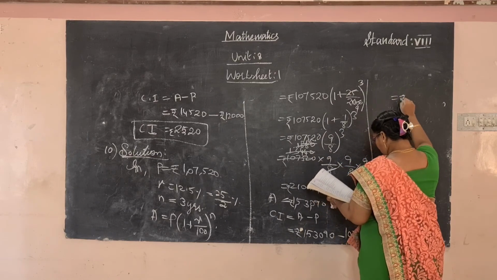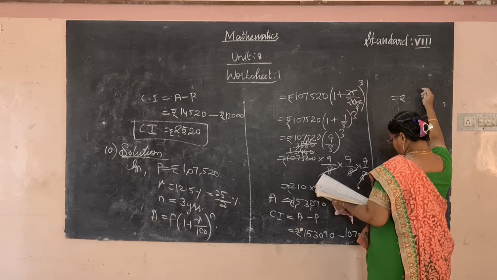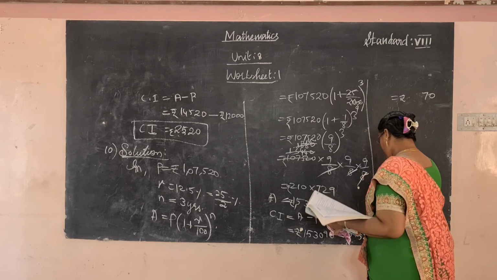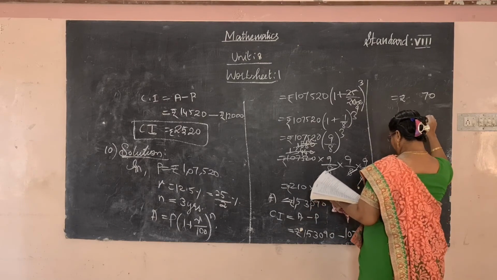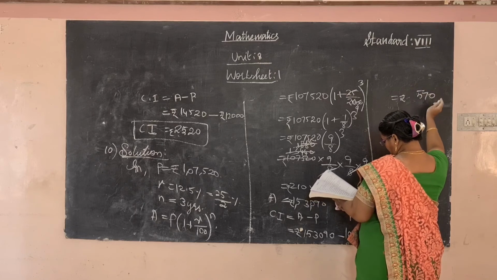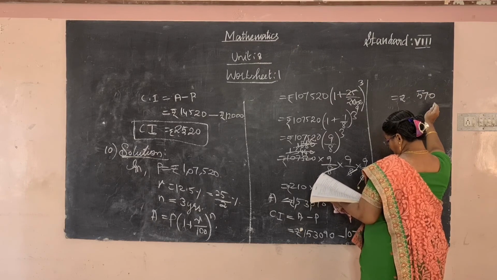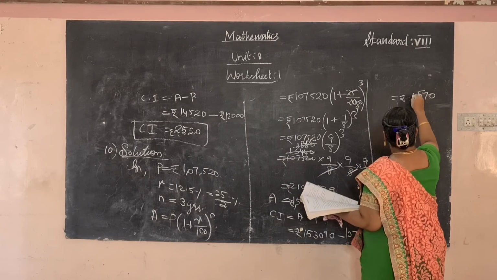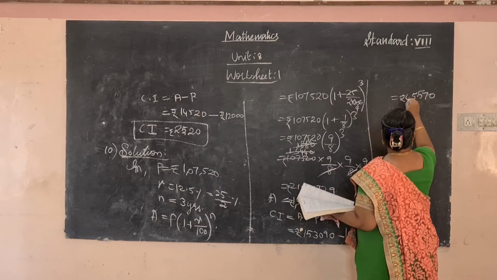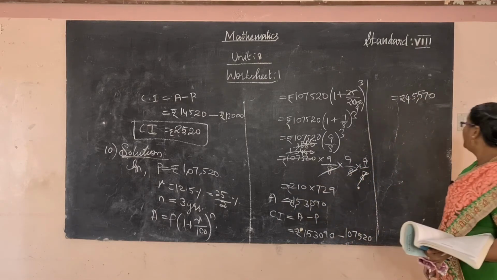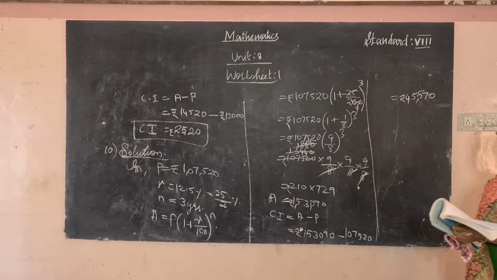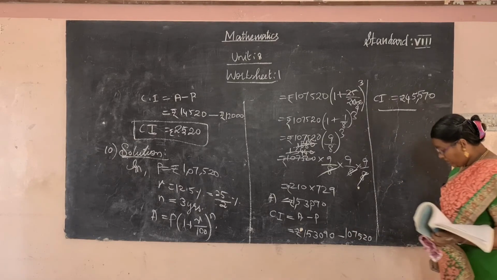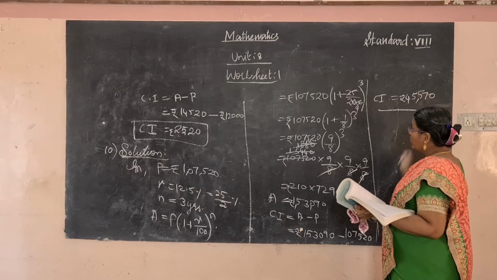So subtract, we get 45,570. Okay, that is the compound interest. That's it. So rupees 45,570 is the compound interest.